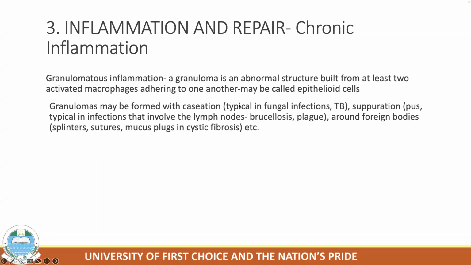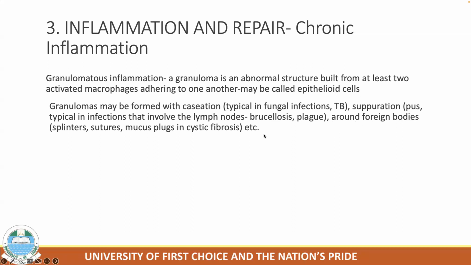Granulomas may be formed with caseation, which is typical in fungal infections and tuberculosis. And where you find caseation, the infection is very hard to treat. It may be formed with suppuration, that's pus, and it's typical in infections that involve the lymph nodes, like brucellosis and plague.